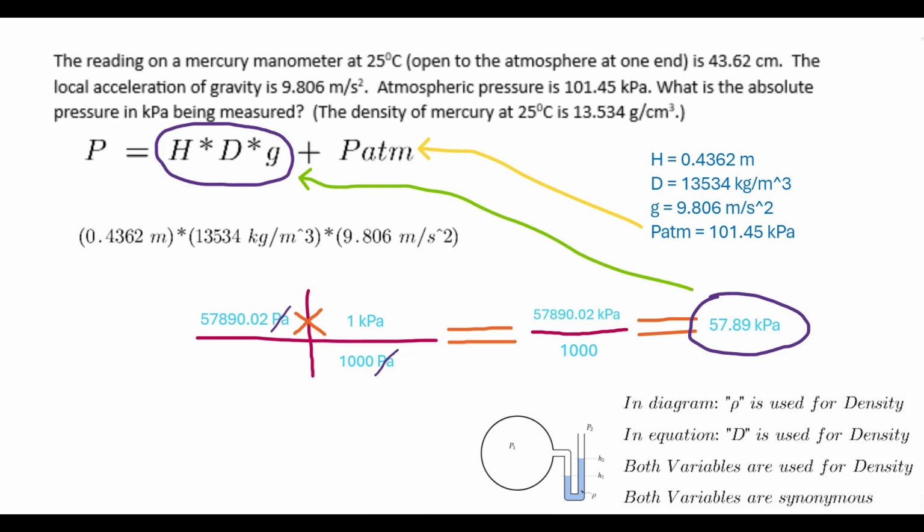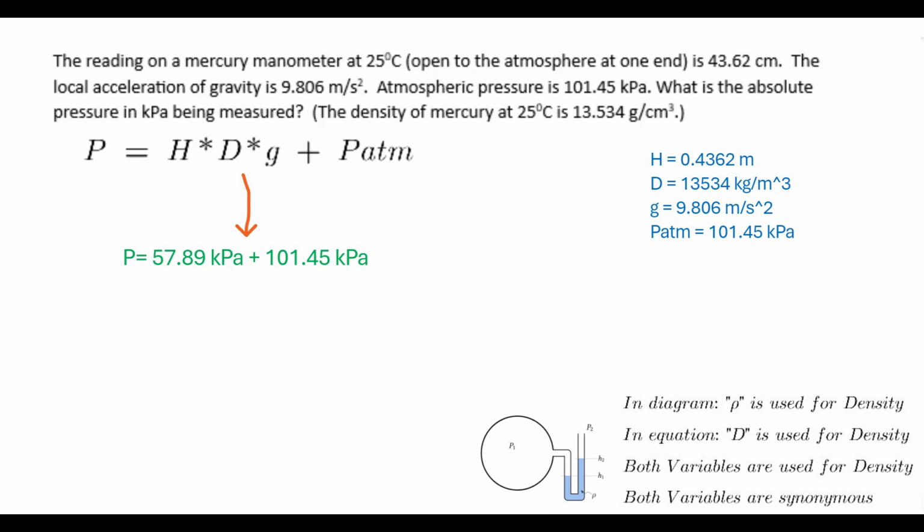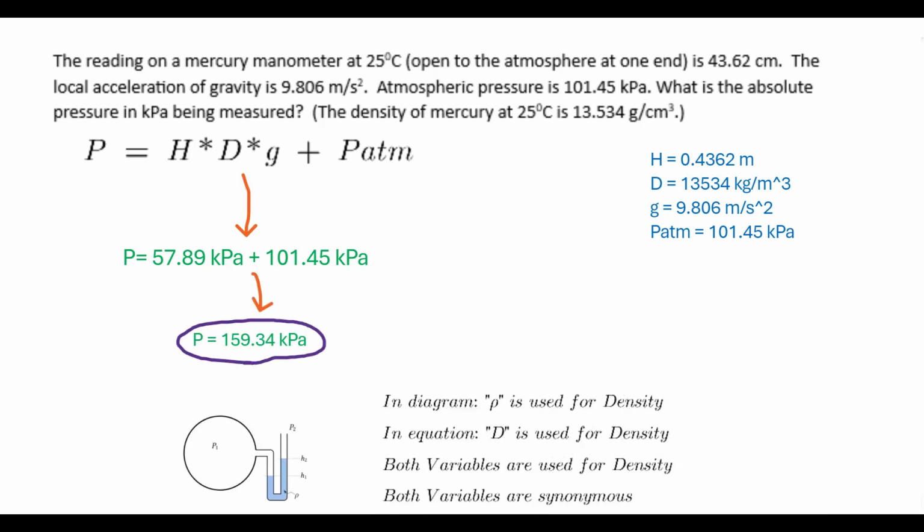The atmospheric pressure is the second part of the equation. The absolute pressure is equal to 57.89 kilopascals plus 101.45 kilopascals, which yields the absolute pressure to be equal to 159.34 kilopascals. This is the final answer for this problem.